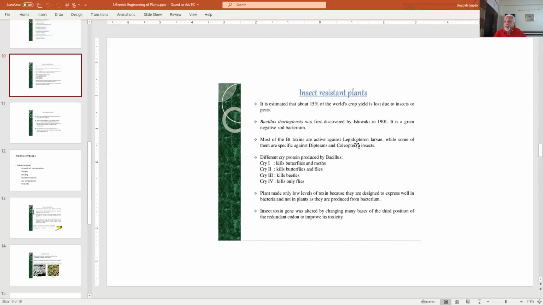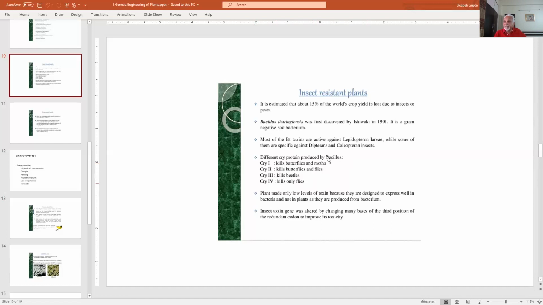And these endotoxins are very specific to specific insects, and therefore a whole lot of studies have gone in to link a specific Cry protein to a specific type of insect. For example, Cry1 is very effective and kills butterflies and moths. Cry2 kills butterflies and flies, Cry3 kills beetles, and Cry4 kills only flies.